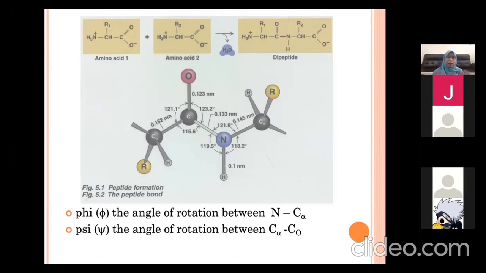If it is in the primary or secondary structure, basically it cannot function. So for the protein to be in 3D shape, the 3D shape is determined by the weak molecular forces that we have discussed earlier. But it is also because of the torsion angle present in the amino acid, in the protein itself.